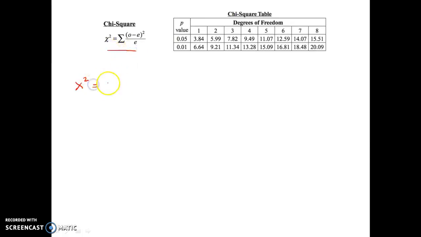So we're just going to take the sum of all of our observed values minus our expected values, squared, over our expected values. So there is the value that you would get from the bronze stunted wings. Here is the value that we would get for our red normal wings.